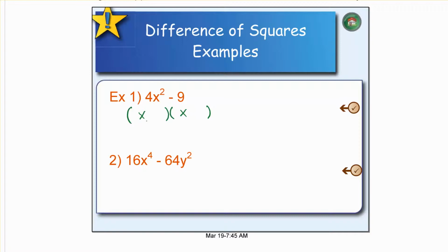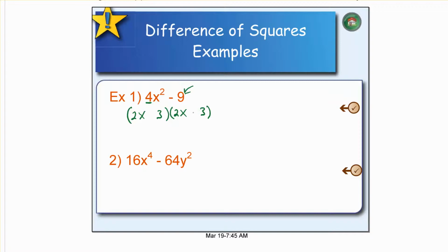Because I know it's going to have to be, because when I FOIL this thing afterward, it would be x times x. And in front of those x's, I'm going to put what the square root of 4 was. So 2 and 2. And then lastly, the square root of 9 is 3. So a 3 is going to go here, and a 3 is going to go here.